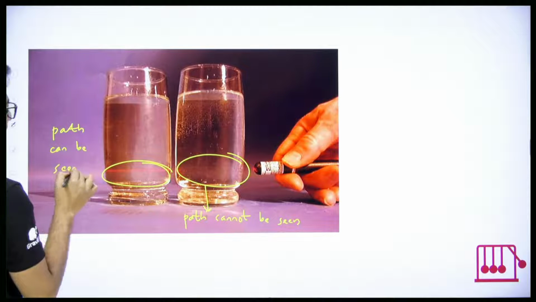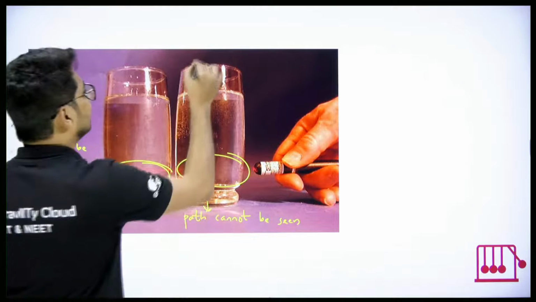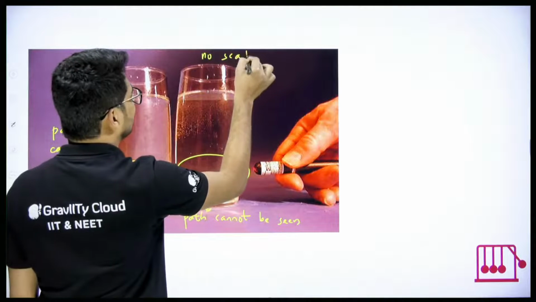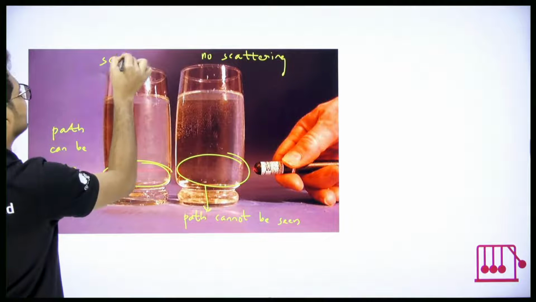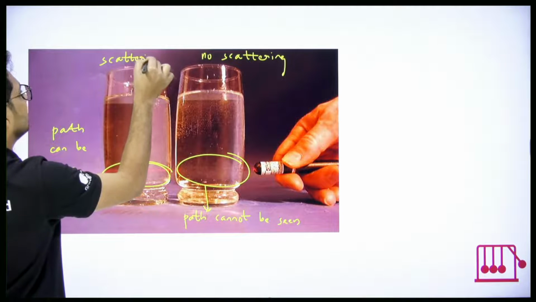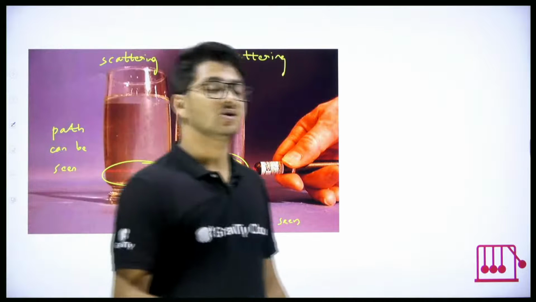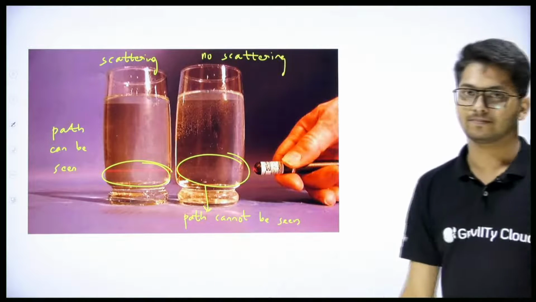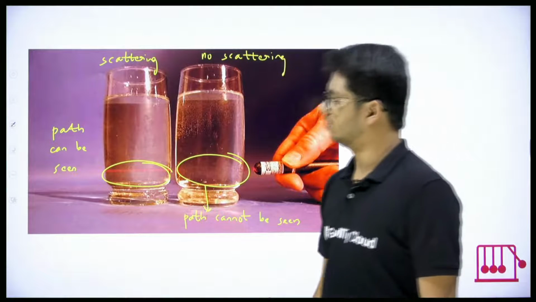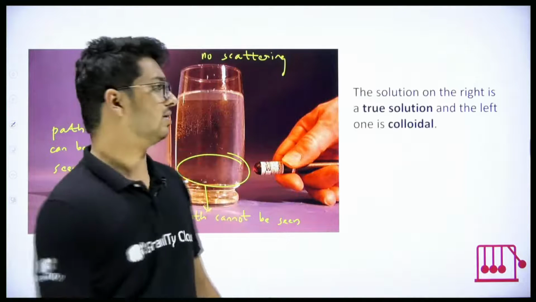What does that mean? That means in the first case there is no scattering of light, but in the second case there is scattering. Simple. So wherever there is scattering, you should be able to see the path of light. Okay? Good. I hope you understood that.